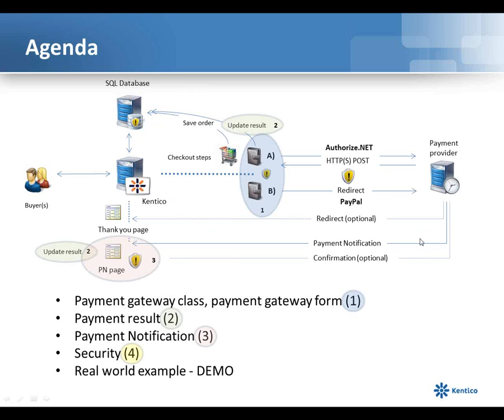And the other one is on the receiving end, when we are using the payment notification page. As I explained previously, when we receive the result of the payment operation, we are not sure whether that information comes from the payment provider or from some attacker. So what are the options that I can use here? As I explained, we might store some secret information in our database and compare it to the payment provider's secret information.